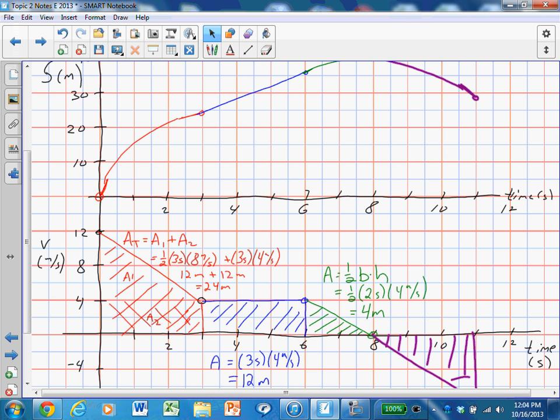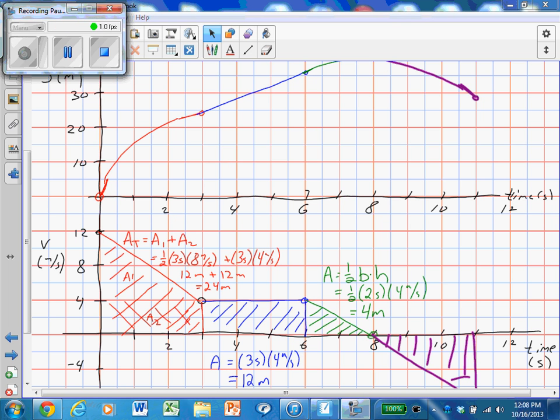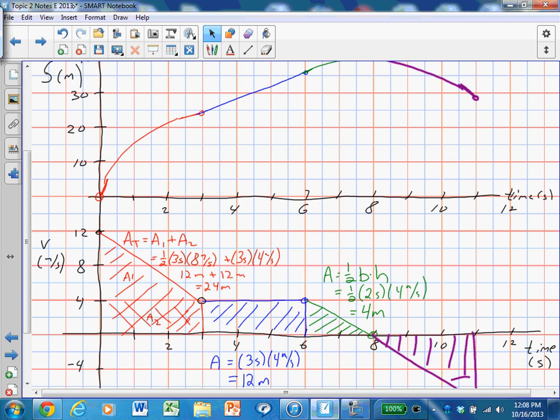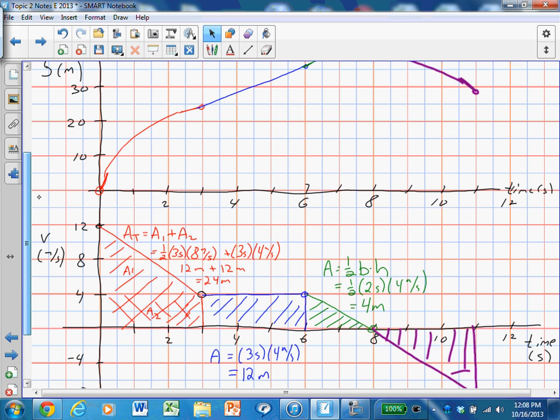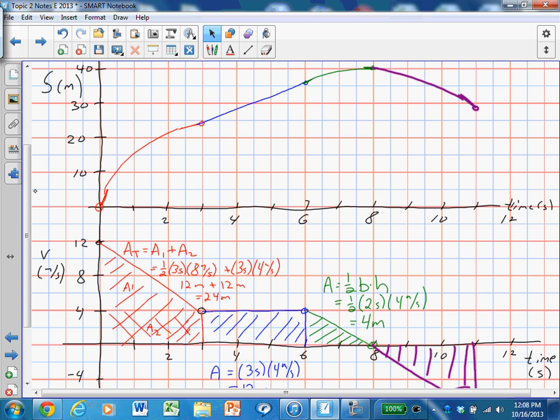How do you know if it's curved? Okay? The way we found the area, which was the change of 24 meters, right? So we know we went from 0 to 24. Does that make sense? Okay. But we know it's not a straight line because it would have to be flat to be a straight line. So up here, we know the slope on a position versus time graph is the velocity, right?